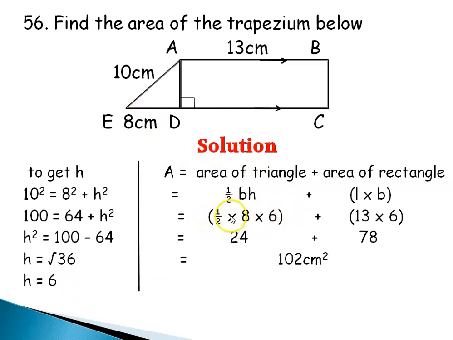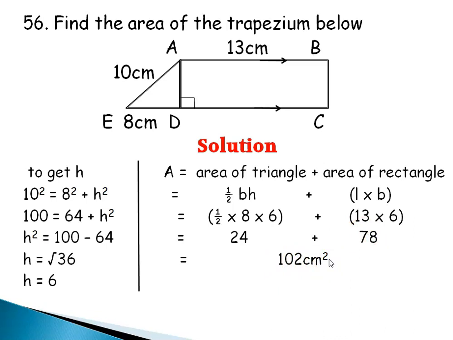So this will be 8 times 6, 48 divided by 2, 24. And then my rectangle, this is the length, 13, and the breadth is the same thing as this height here, 6. 13 times 6, which is 78. 24 plus 78 is 102 centimeter square.